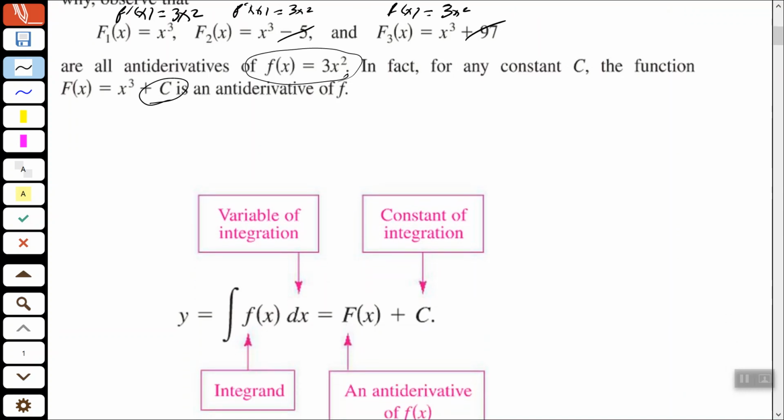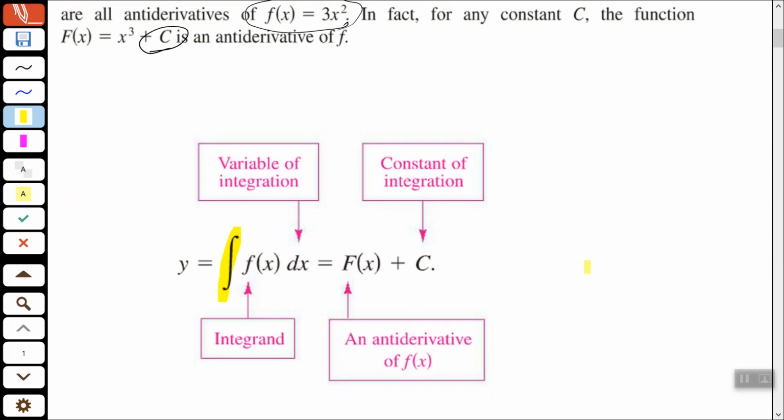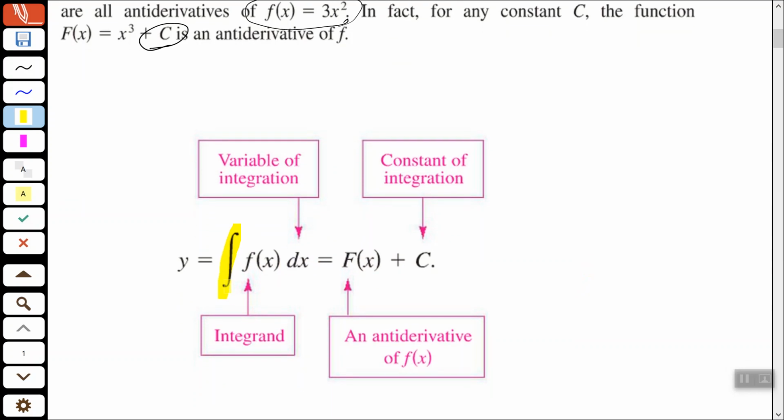So when we integrate, and this little symbol here means to integrate, to find the antiderivative, the integral of f of x dx is equal to capital F of x plus the constant of integration. So this is the integral symbol. This is the variable that we're integrating with respect to, and the capital F, we're letting that represent the antiderivative.